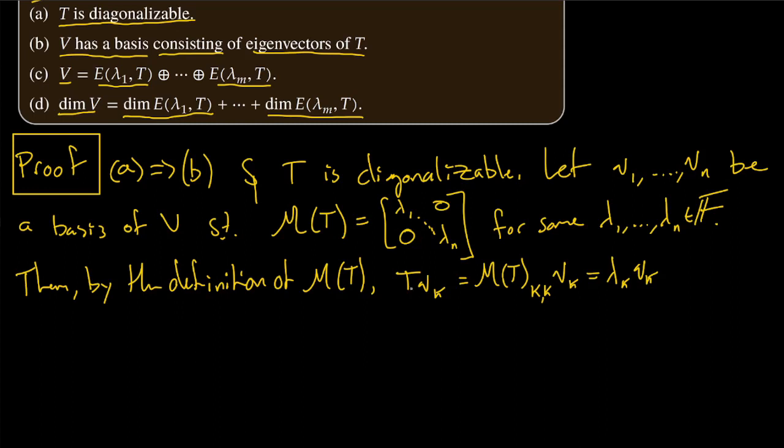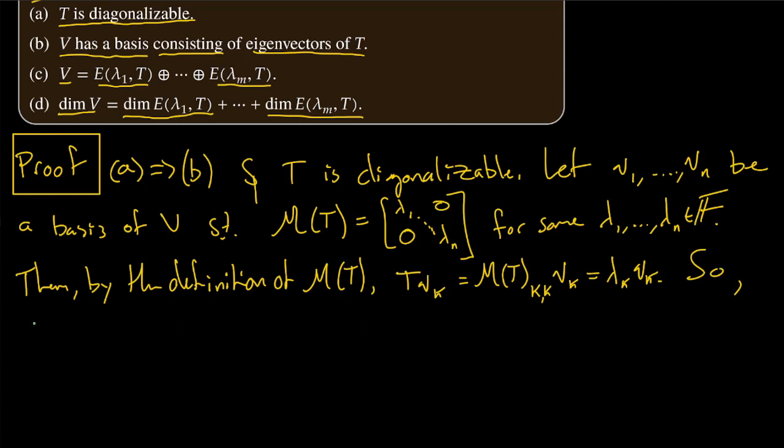T vk is a linear combination of v1 through vn, and the coefficients in that combination come from the kth column of the matrix of T. The only term in the kth column that is non-zero, potentially, is the kth term, the term on the diagonal. We've already labeled those as lambda k here, in this case. So this says that T of vk is lambda k vk.